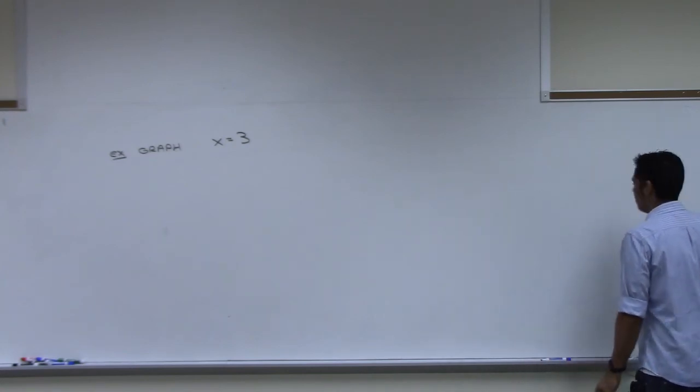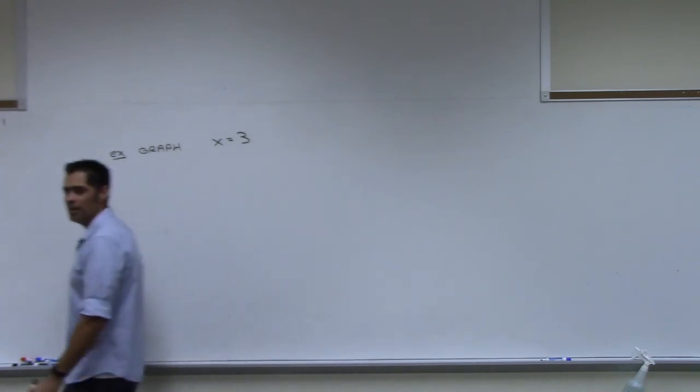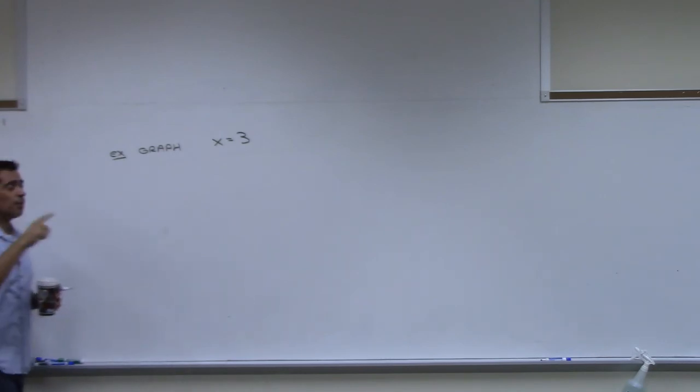The heck is that? I don't even see a y, right? Just a straight, yeah, it's straight, but, okay, yeah, I'm seeing, yes, it's either vertical or horizontal.